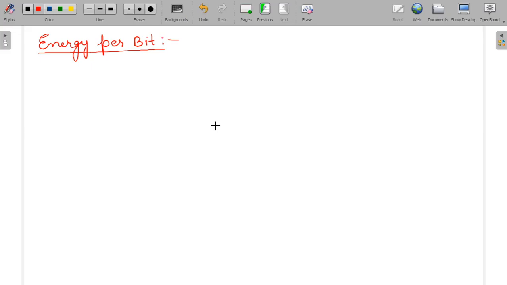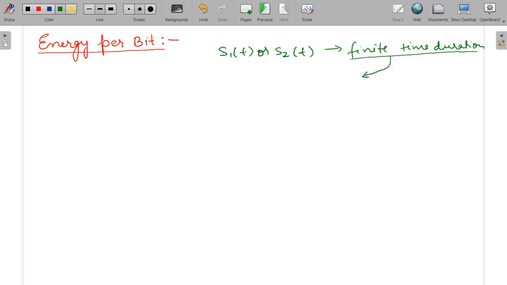In a digital carrier modulation scheme, each signaling point to be transmitted, that is either s1(t) or s2(t), in this case of ASK as you have seen, will have finite time duration and will be energy signals. See, our s1(t) or s2(t) have finite time duration, and you have studied in signals and systems that when a signal is finitely expressed on the time axis, then that signal is known as an energy signal.